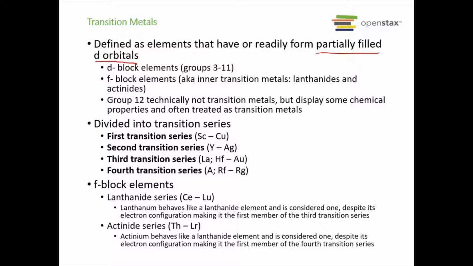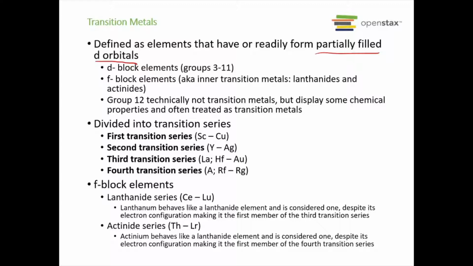Group 12 technically are not transition metals, and that's because they're actually full. They're not a partially filled d orbital, but because they do display some of the chemical properties of the transition metals, a lot of times they're treated as transition metals or just kind of included in the discussion.